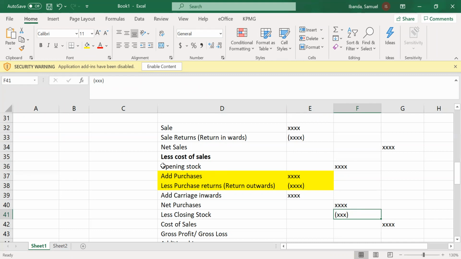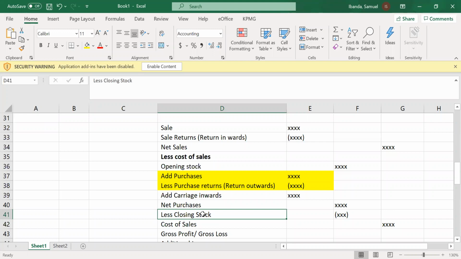Your cost of sales is opening stock, add the purchases, less closing stock. So how does your closing stock affect your cost of sales? Let me ask, the higher the closing stock, is it the higher the cost of sales or the lower the cost of sales?